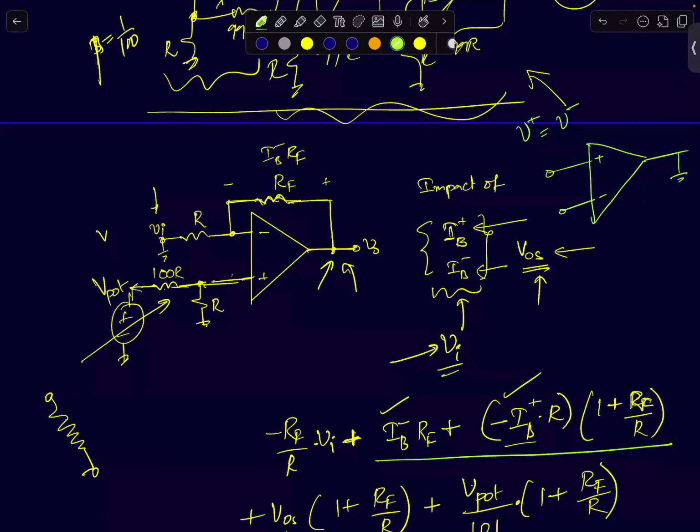So that has to be captured somehow. To do that, I can either put a voltage source at the positive terminal or at the negative terminal. Whenever you are analyzing circuits, always put it at that terminal where the analysis might become simpler. So far in all our analysis, we have been putting the offset always at the positive terminal because the analysis is much simpler there. That's it. You should get the same answer. The answer should not be different.